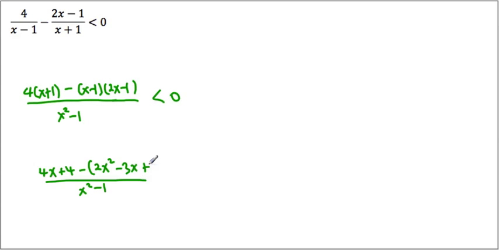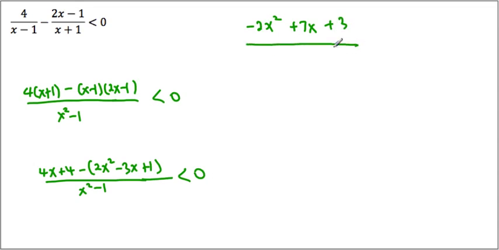And lastly, it becomes plus 1. If I combine the numerator, I get negative 2x squared plus 7x plus 3, all divided by x squared minus 1 has to be less than 0.